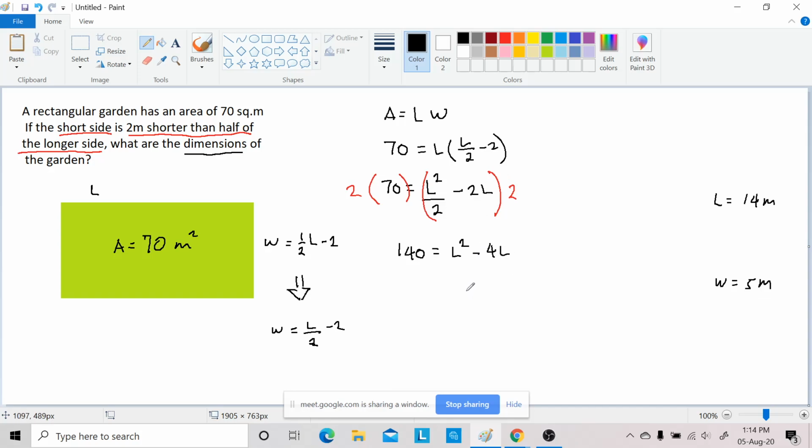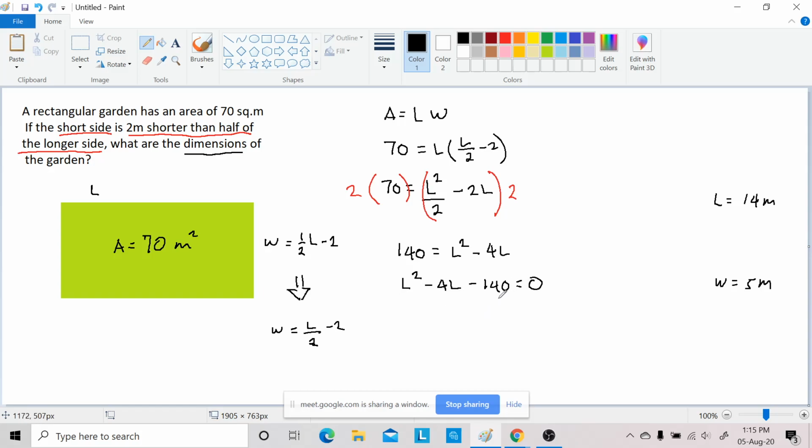Easier for us to work with. Okay, standard form next will become L squared minus 4L minus 140 is equal to 0.